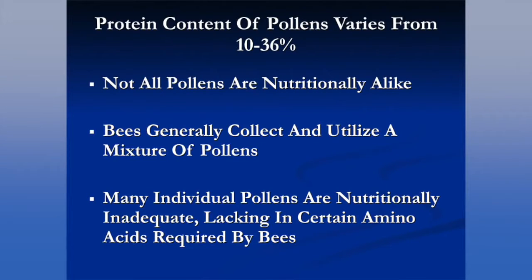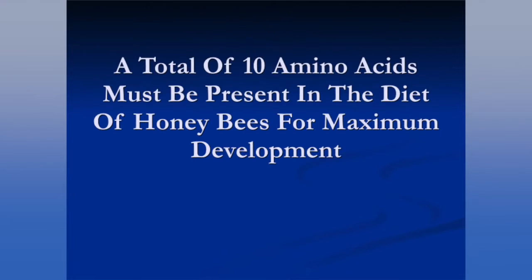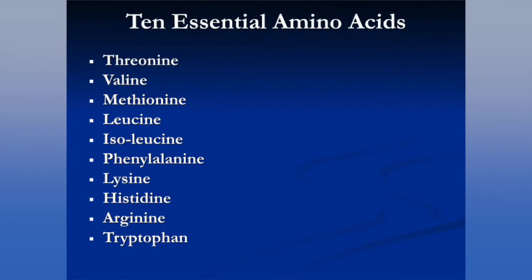As we said, many individual pollens are nutritionally inadequate, lacking in certain amino acids required by bees. There are some 20 plus amino acids. Ten of them are essential in order for bees to reproduce.